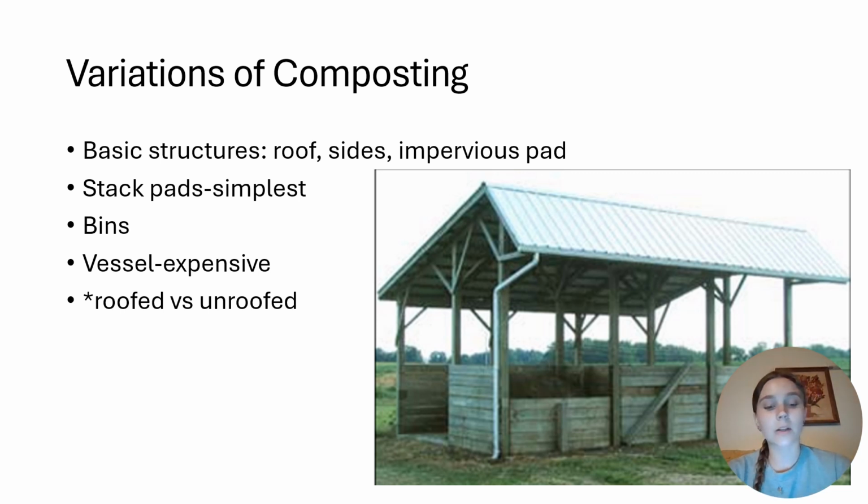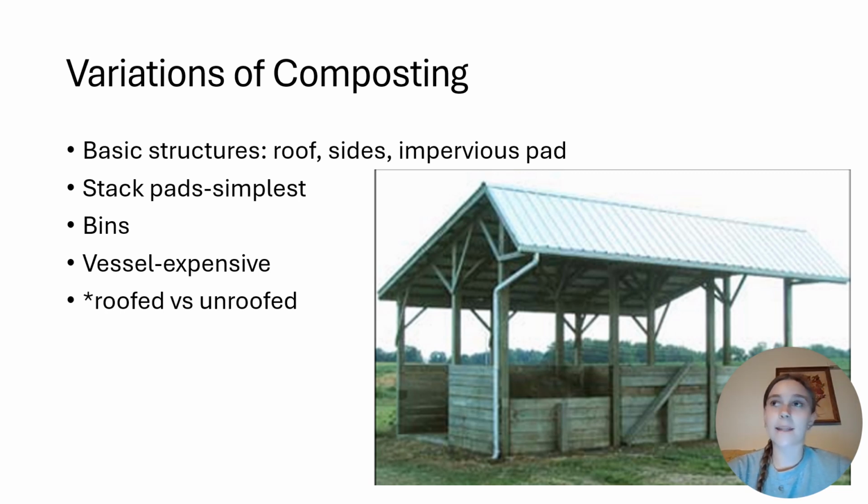An impervious pad is also important in cohesion with the roof to reduce leachate into the environment and into groundwater. And sides help for the process of turning with farm equipment.